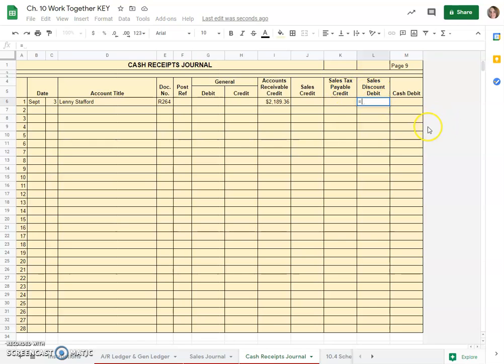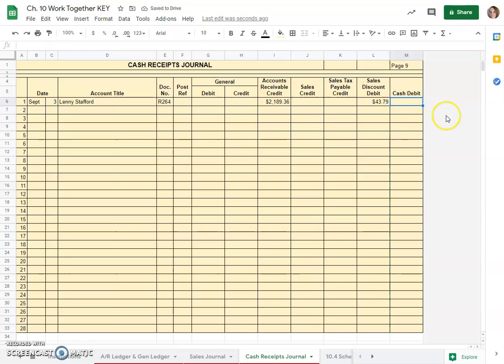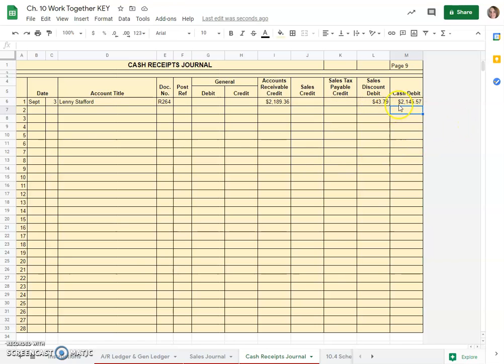So I would just go like this, equals this number times 0.02, which was 2%. And so then your cash debit is going to be the total amount, which is the accounts receivable credit, minus the discount. So in this transaction, we're going to leave the autofill alone. These two debits must equal this credit. So our debits would equal our credits, and they do. So that one is finished.